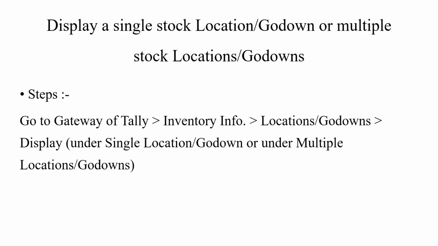And next one is the procedure for how to go for display. Again, this will begin from gateway of tally, masters, inventory info, location / godowns. Then here comes out the display option in case of godowns menu. And this particular option is available under single as well as in case of multiple mode. Let's see the practical part of this in tally.